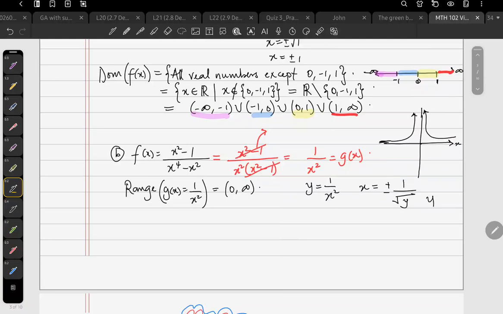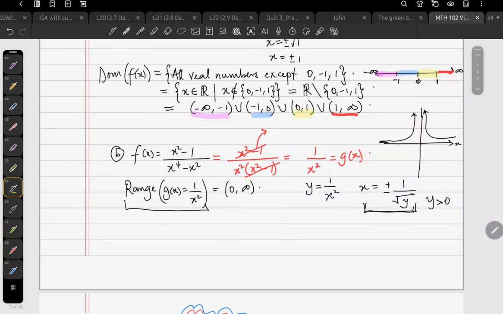So y must definitely be greater than 0. That is the domain of this function. So the domain of this function, when we make x subject of the formula, is the range of g of x, where g of x is 1 over x squared. This is the range of the simplified version of f of x.